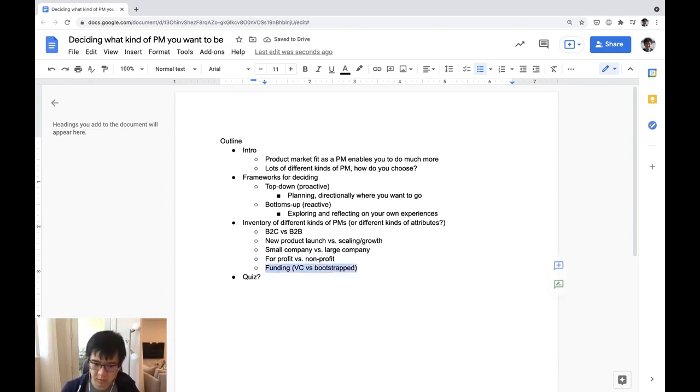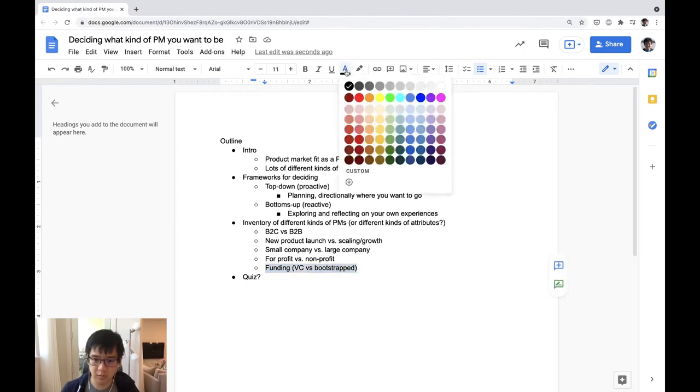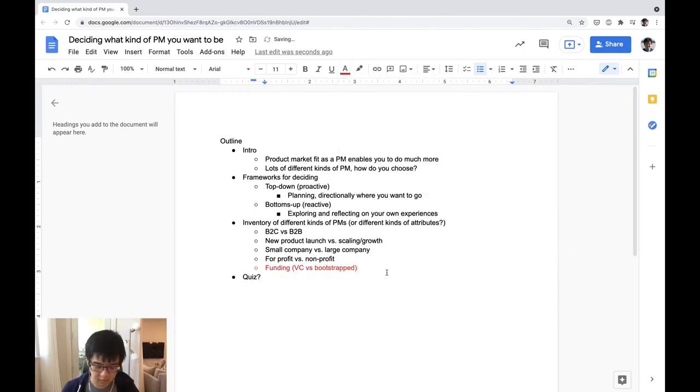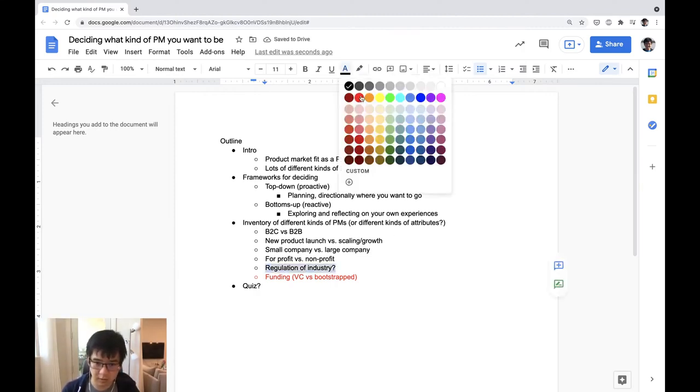I'm not sure. I don't know about this one yet because I don't necessarily think I can talk about it as cleanly. So I'm going to leave that for now. I also don't know that regulation of industry. Again, not sure that that's as clean as I want it to be.